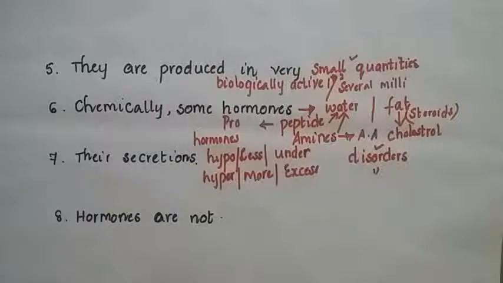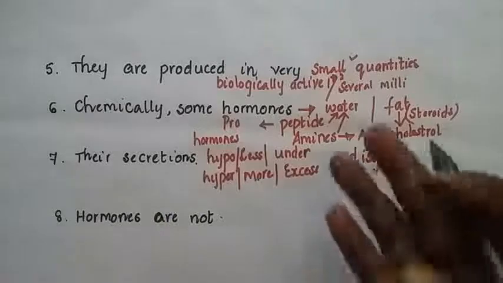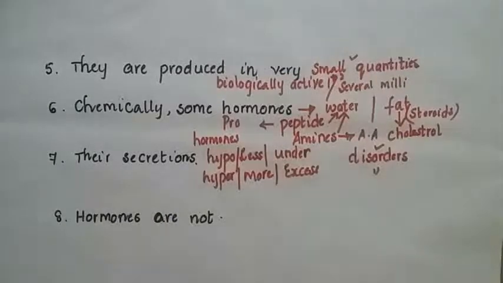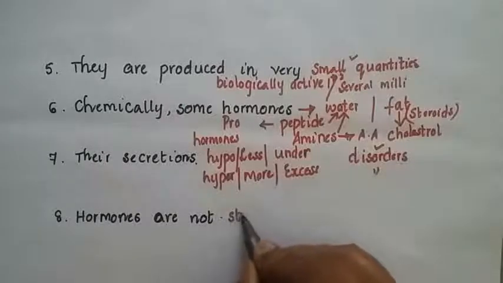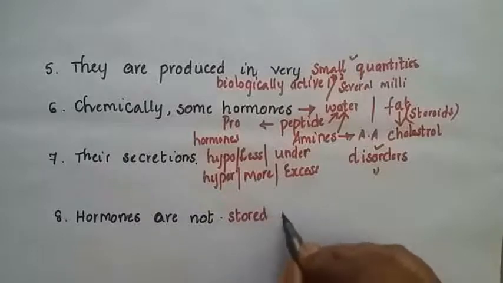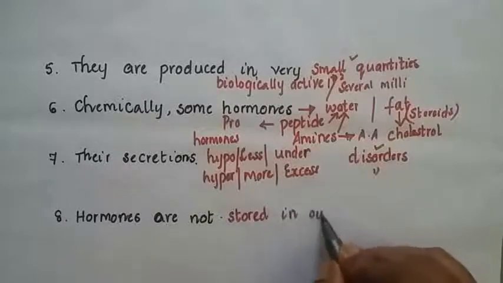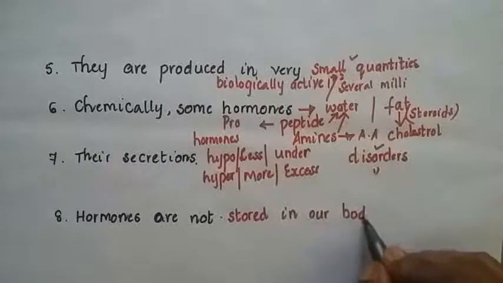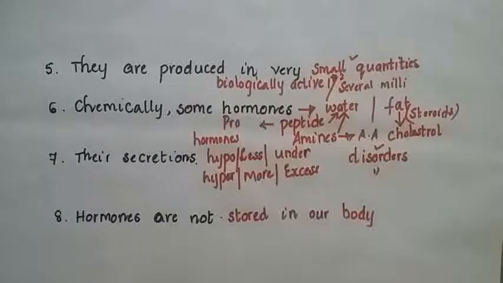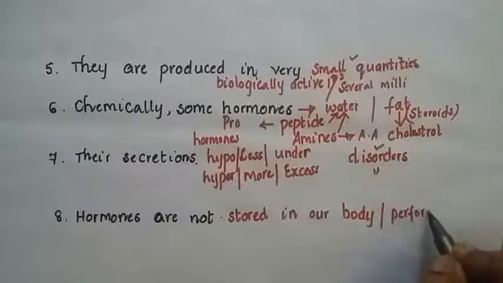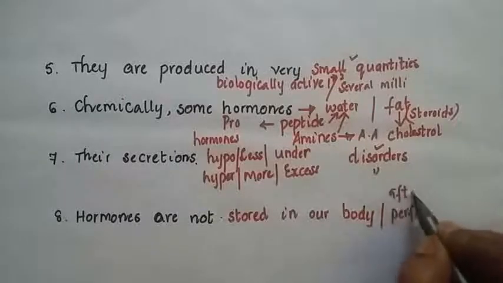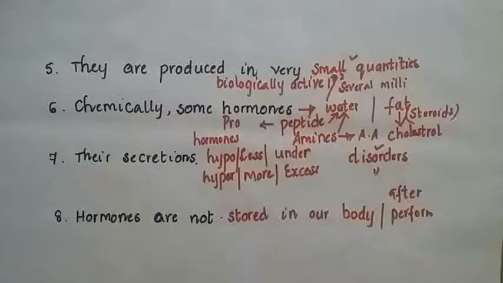Right? Now, hormones, since they are made up of amino acids or proteins, cannot be stored in our body. Once they perform their function, after performing their function, these hormones are not stored in our body.